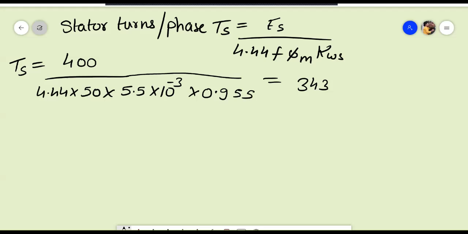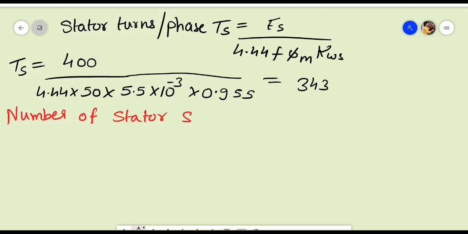and then next let us move towards the number of stator slots. Okay, so we need to find this out. So how can we do that?